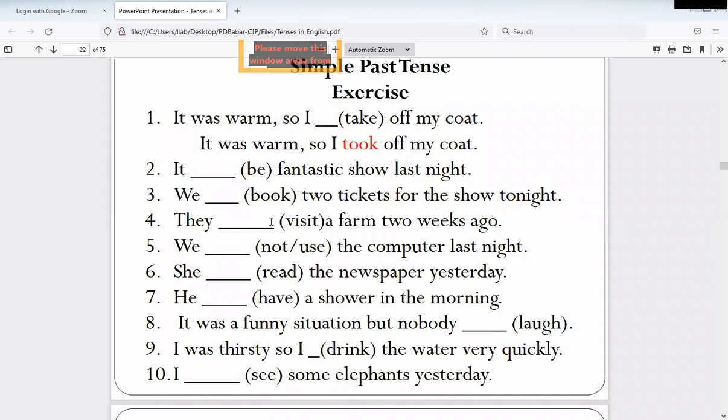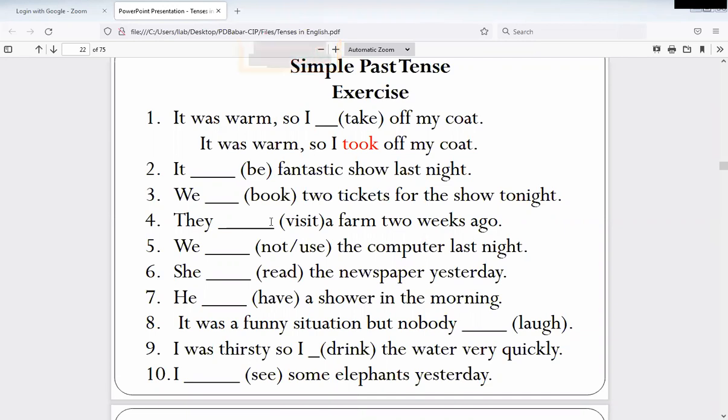It dash be, fantastic show last night. In this example, we can see that there are some expressions from which we can guess in which tense this sentence is formed.